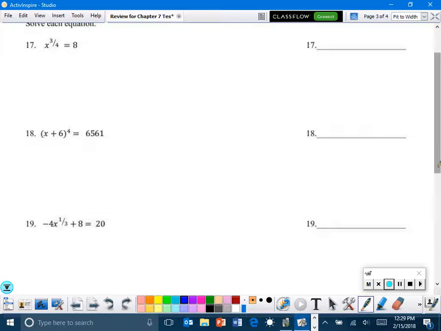Here we go. So we have x to the 3/4 equals 8. Well, how do we get rid of that exponent of 3/4? We multiply it by flipping it, so we're going to use 4/3. The 3/4 and the 4/3 cancel, and we're left with x equals, all right, calculator time.